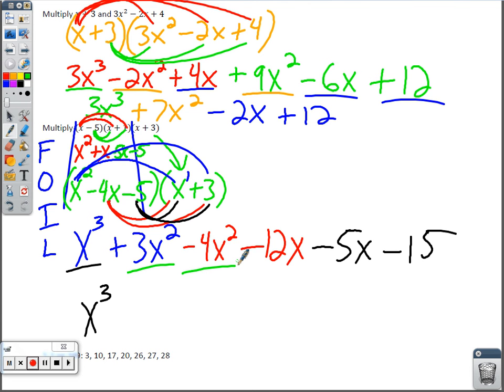Put those together, we get negative x squared. There are two things with just an x, negative 12x and negative 5x. Put those together, we get negative 17x. And then that negative 15 has nothing to combine with, so we'll just write it down.